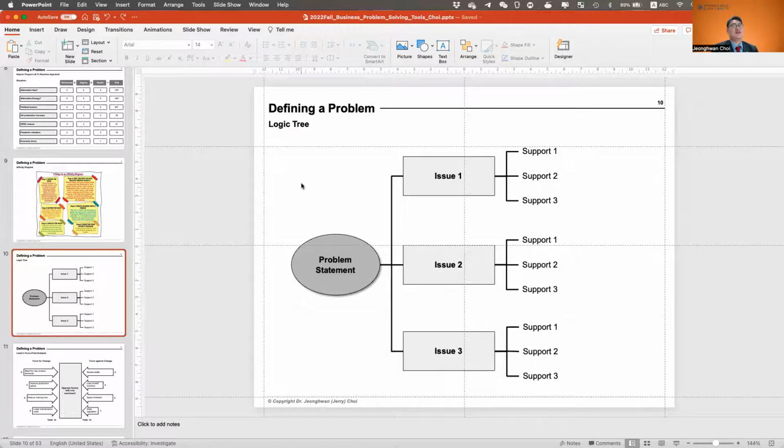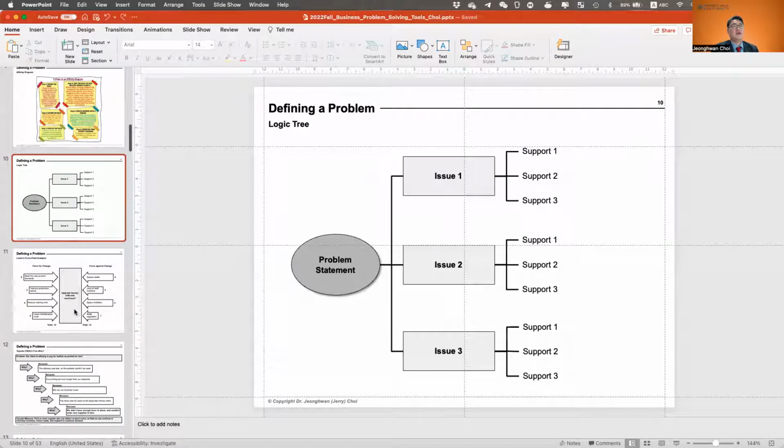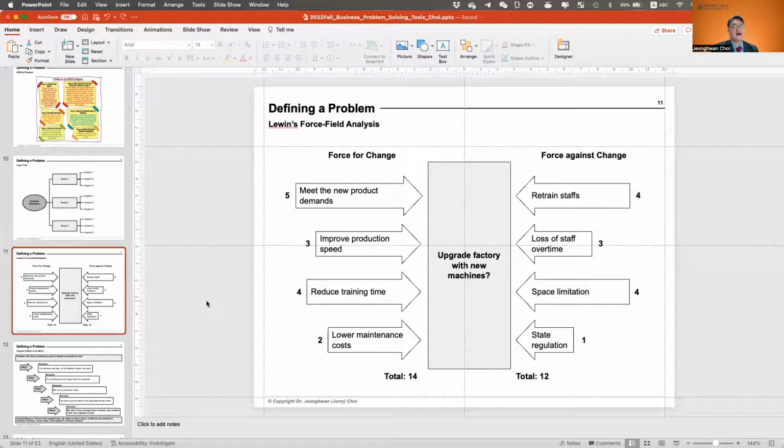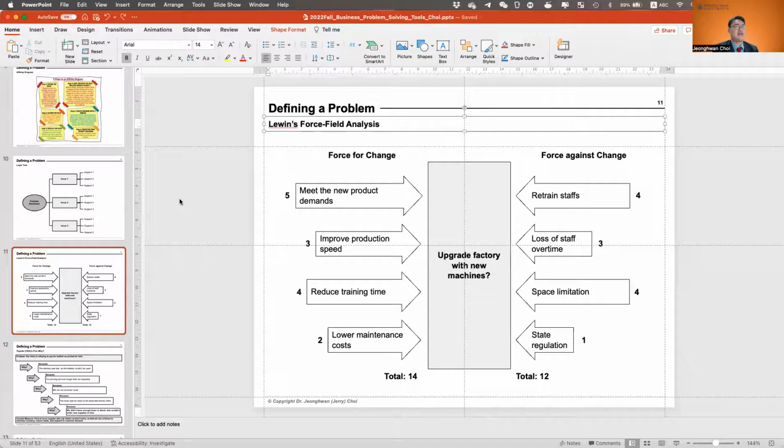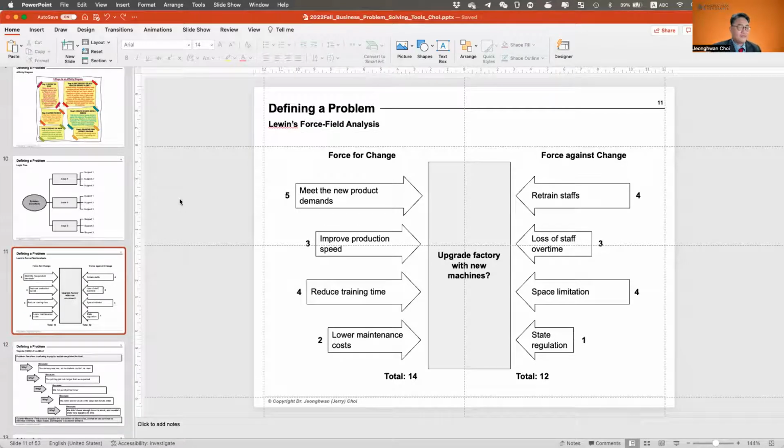So, logic tree. And the next problem defining tool I love is Kurt Lewin's force field analysis. Many times we know the certain specific problem, and the biggest concern of that problem is, should we go forward or should we reject?